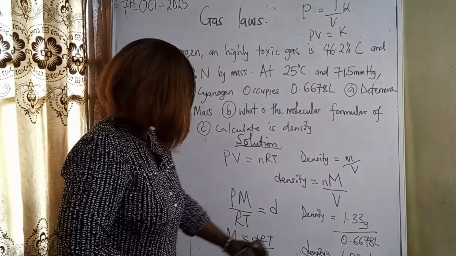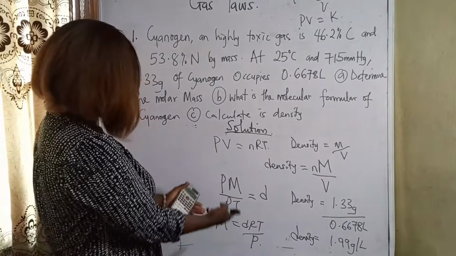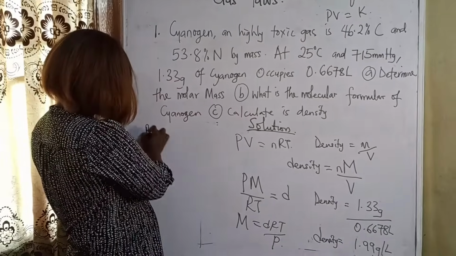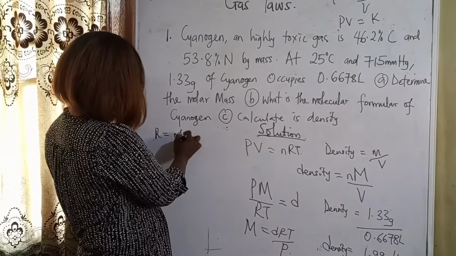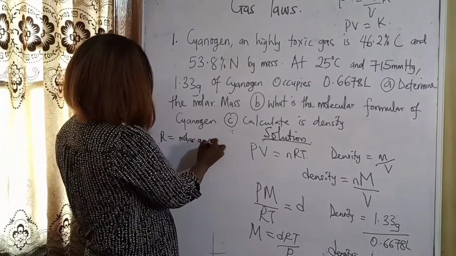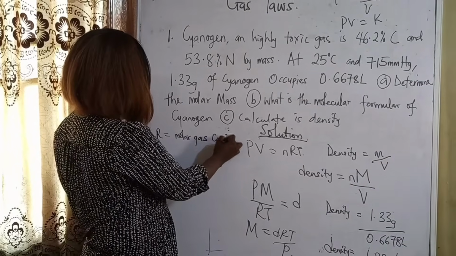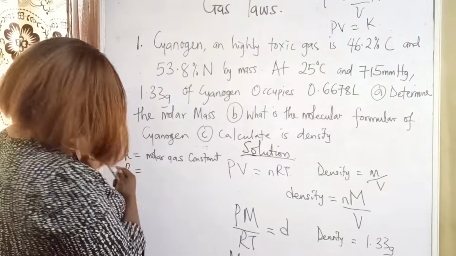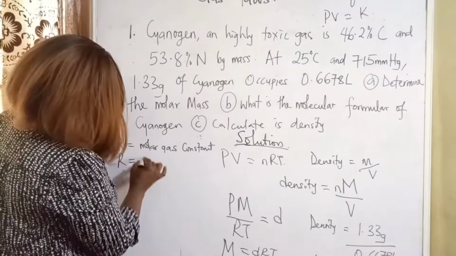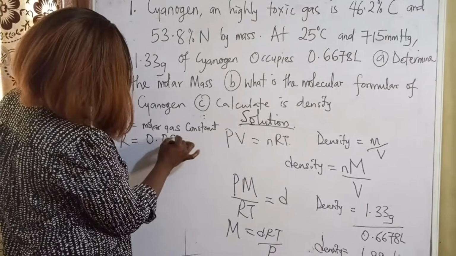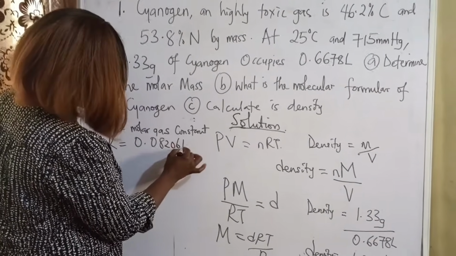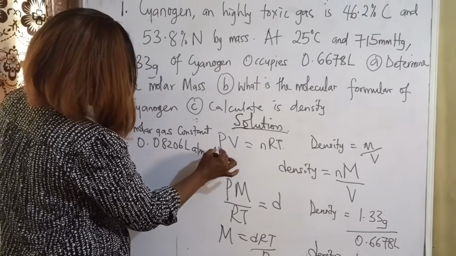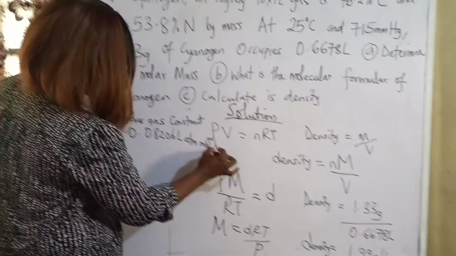Now you have gotten the density, then put the density into the formula, and we have R, a constant. R is our molar gas constant, and the value of the molar gas constant is given to us as 0.08206 liter atm per mole per Kelvin.